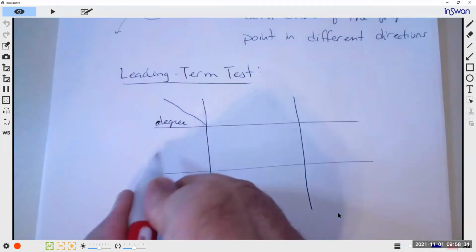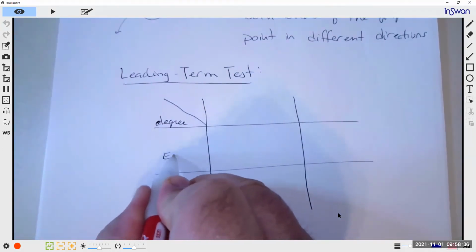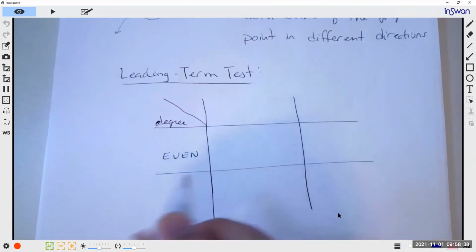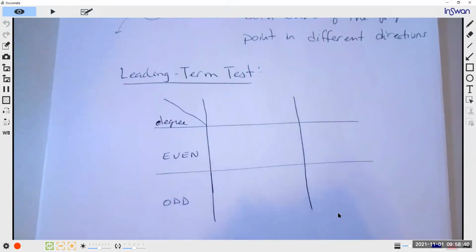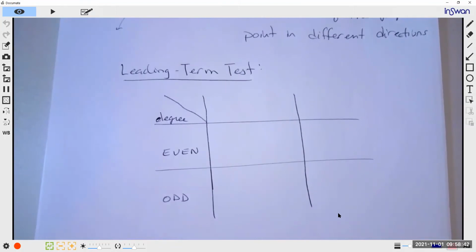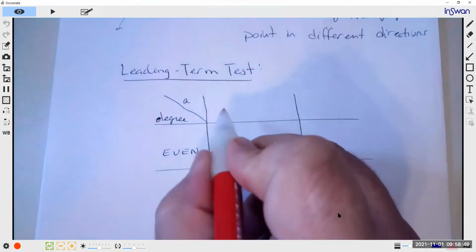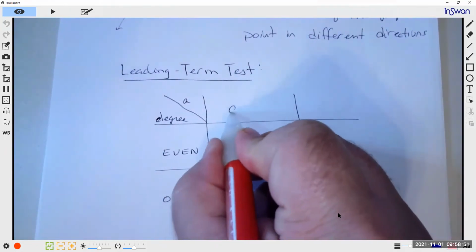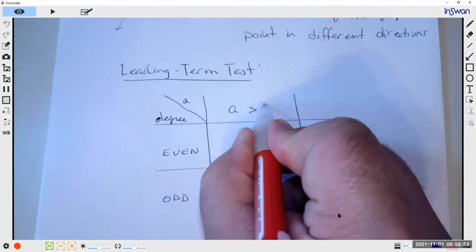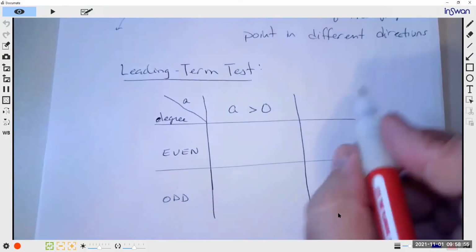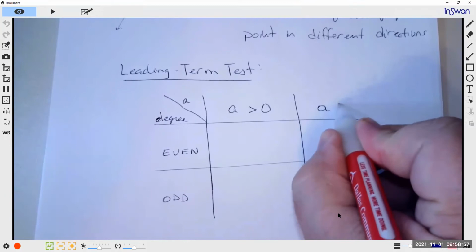The degrees can be even or odd. And the leading coefficient can be positive or it can be negative.